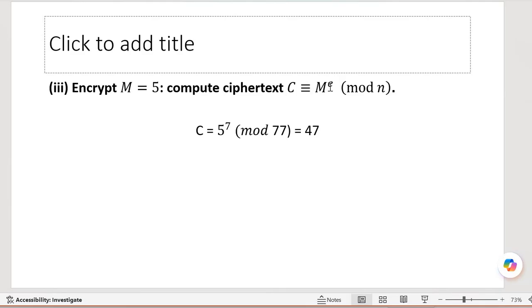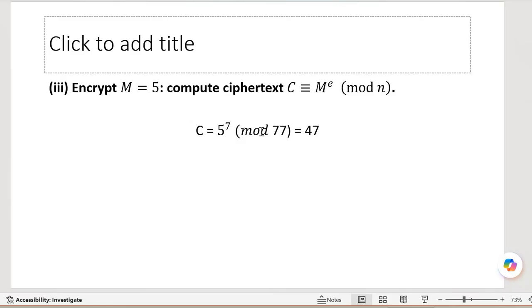C is equal to M raised to the power E mod N. We have M, E and N, so we will calculate directly: 5 to the power 7, then mod 77. N is 77, which we have already calculated, and M, the message given in the question, is 5.